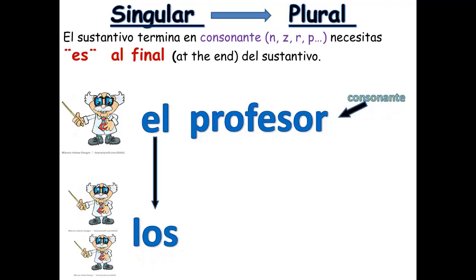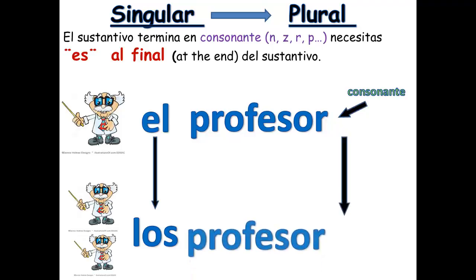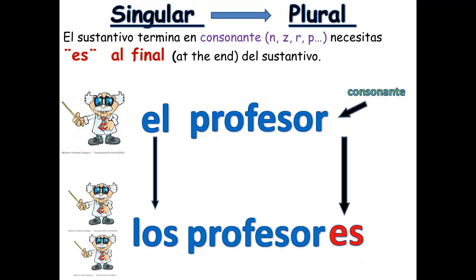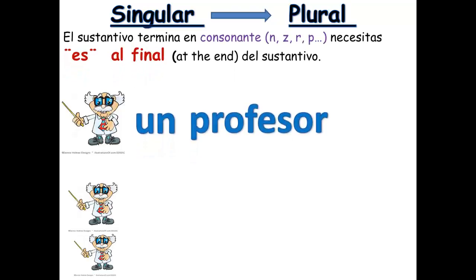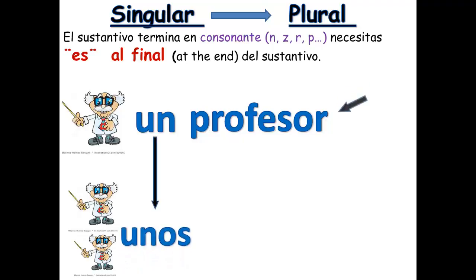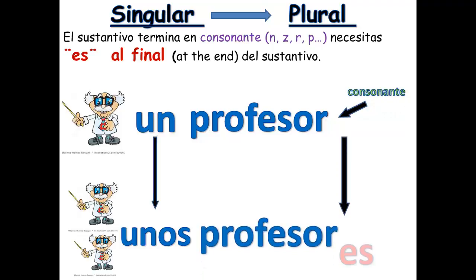Profesor ends in a consonante. And therefore you add es. El profesor, los profesores. Let's look at the indefinite article. So, un profesor, un becomes unos, profesor becomes profesores. Un profesor, unos profesores.